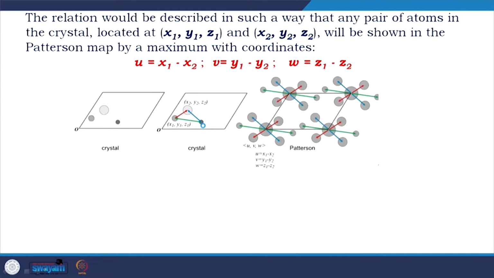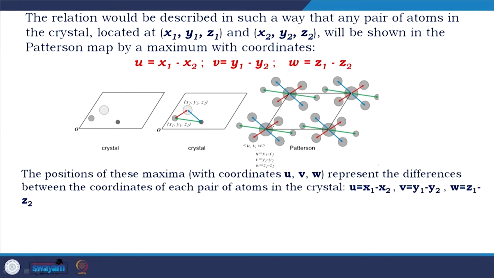So, if you see the points x1, y1, z1 and x2, y2, z2 coordinates, here you will see how the UVW is coming, as we already talked about. U is x1 minus x2, V is y1 minus y2 and W is z1 minus z2.